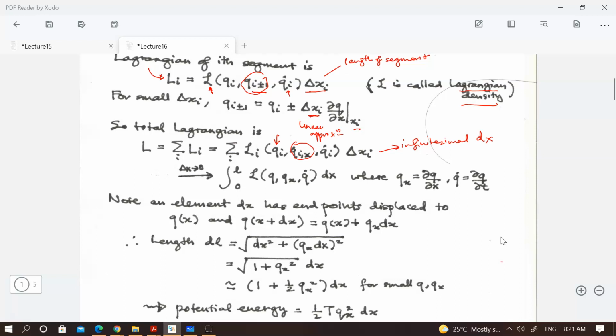The other thing that we want to do is perhaps to see how we're going to describe this. Remember, your Lagrangian is supposed to be T minus V. So we want to know what's your kinetic energy in this particular case, and then what will correspond to your potential energy.